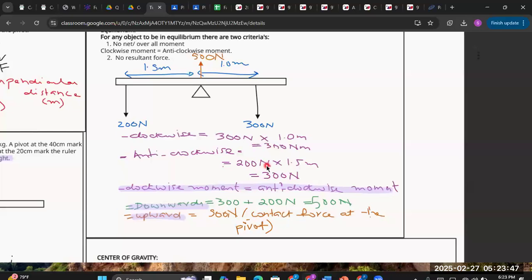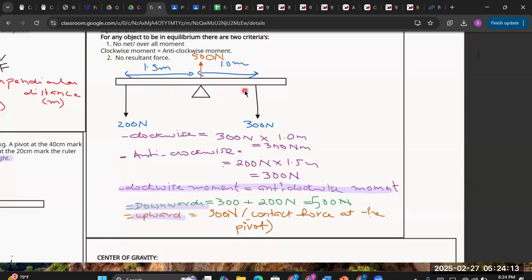So for there to be no resultant moment, the clockwise moment has to be equal to the anti-clockwise moment, right? Let's say we have this question in front of us, and we have to figure out if this is in equilibrium or not. That's what the examiners have given you, that you have this system.